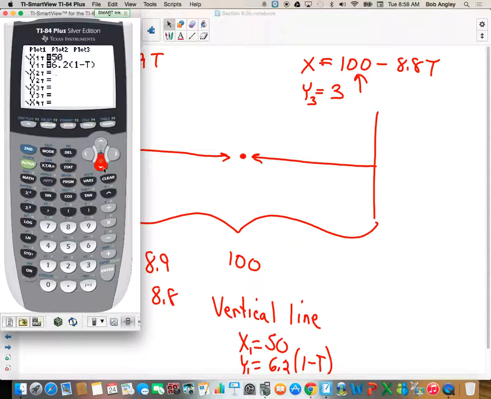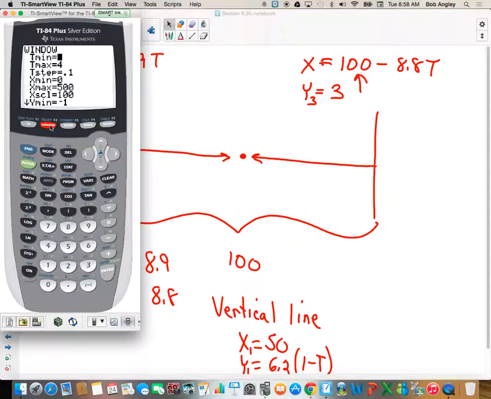Now we've got 8.9 T for Melissa running on lane 3. And then right here we've got 100 minus 8.8 T, and she's running on lane 3 too.